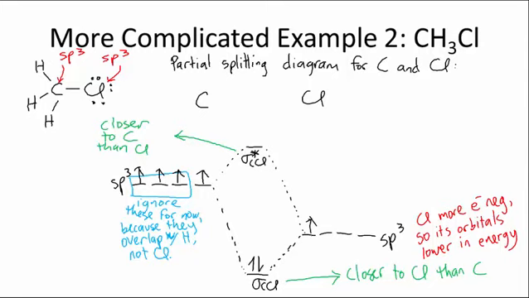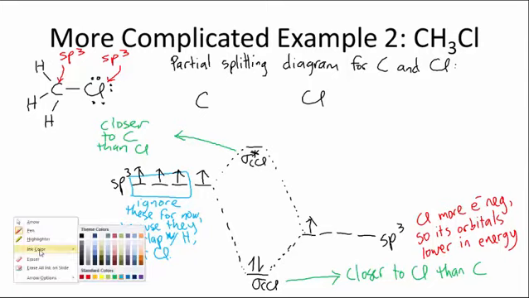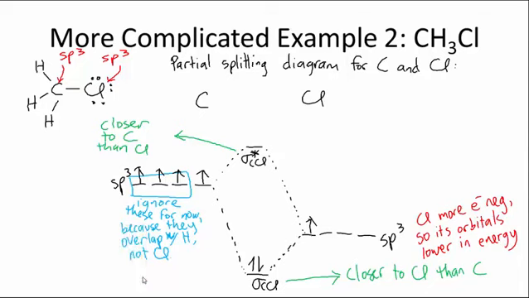Nothing. So what happens to their energy? It stays. Chlorine has 7 valence electrons, so these 3 orbitals are filled. They just stay right where they are.